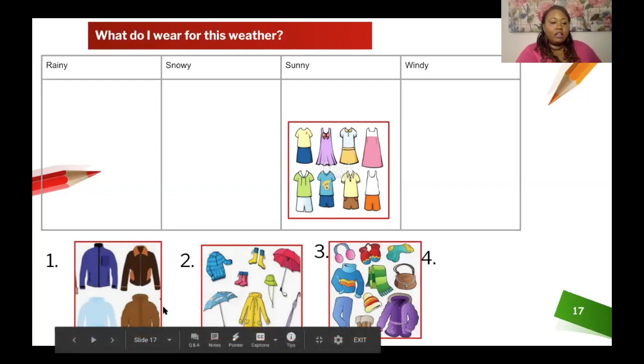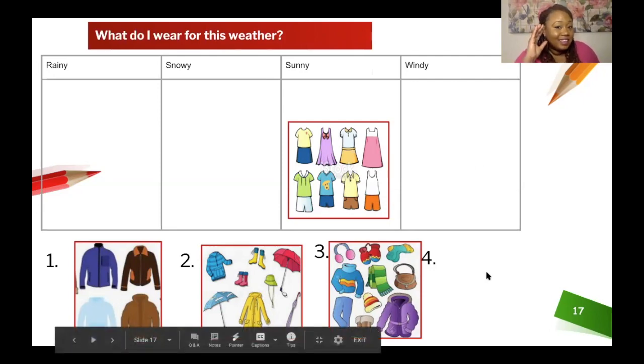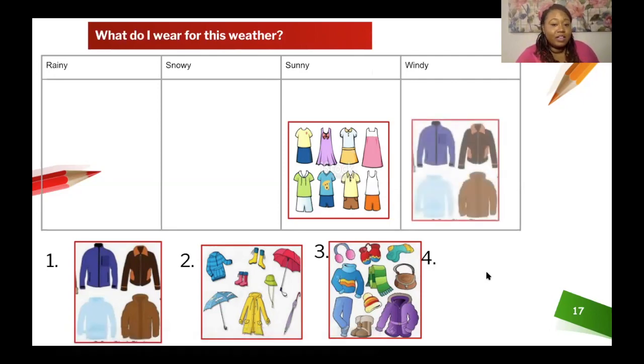Number 1, look at these clothes. Where would you wear these clothes to? When it's rainy outside, when it's snowy outside, or when it's windy outside? If you said windy, you are correct. Now, the next one, number 2.